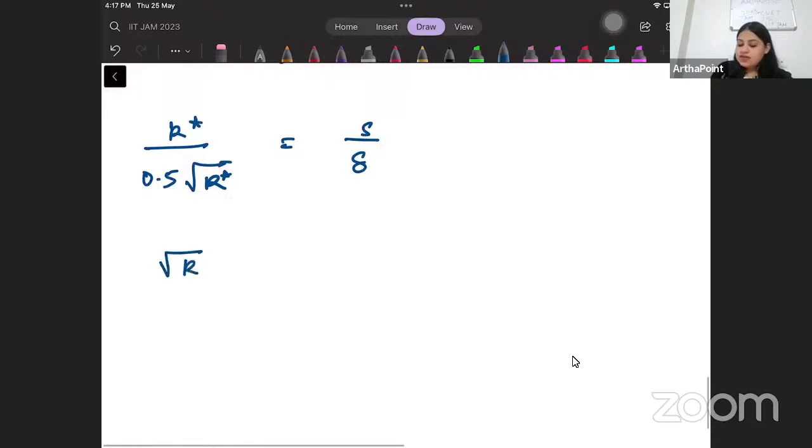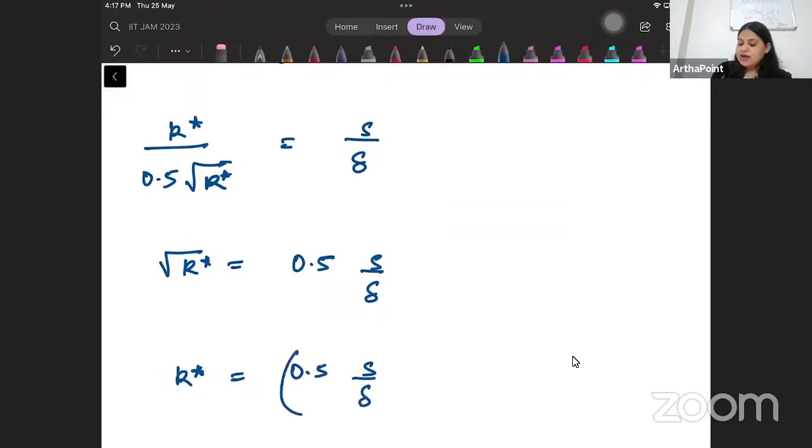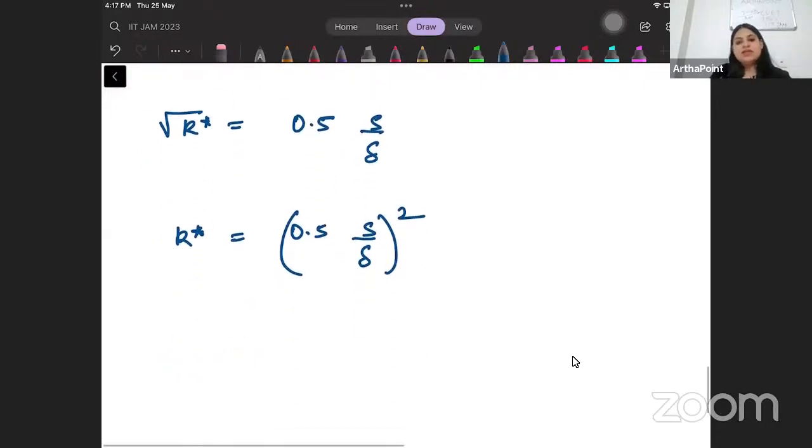So root K star will be 0.5 S by delta. So K star will be this. Is this clear?